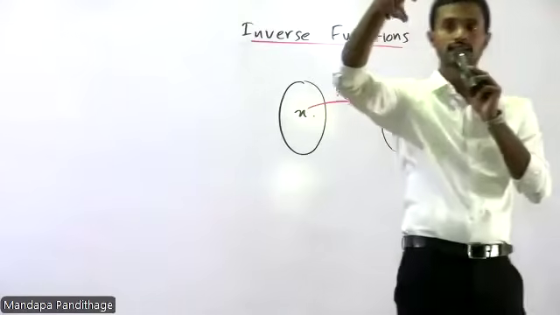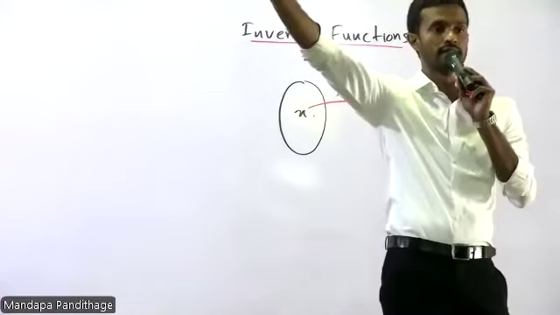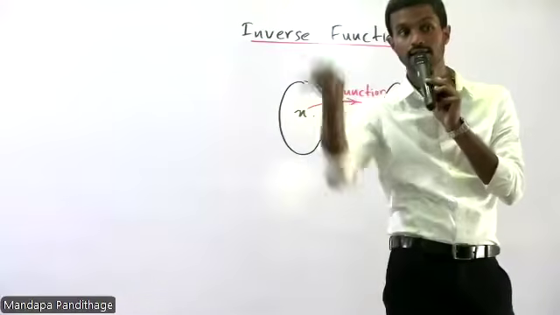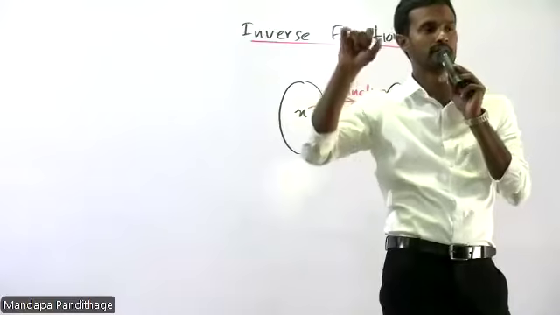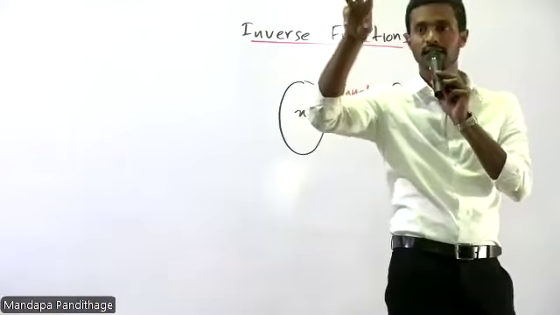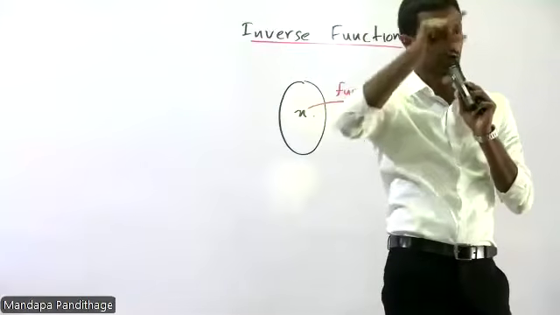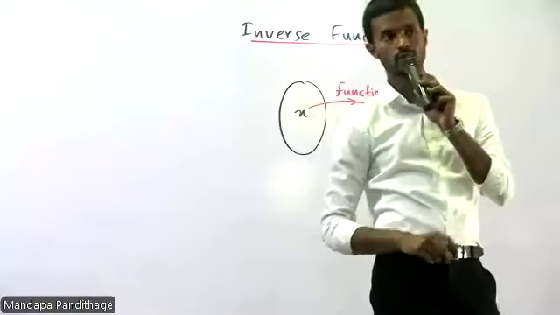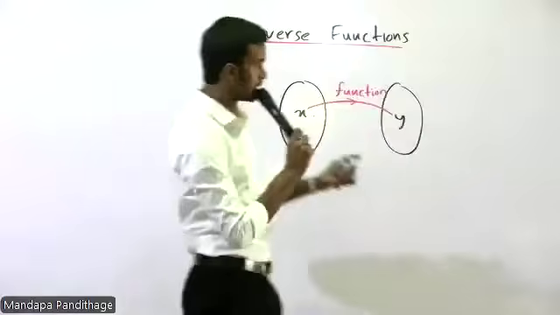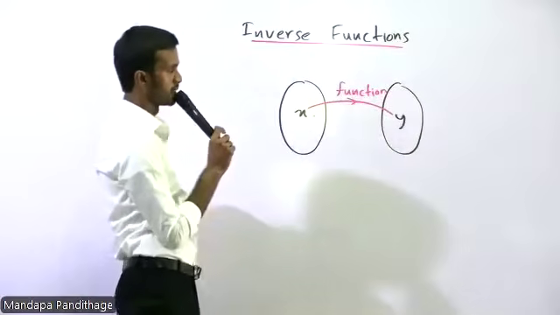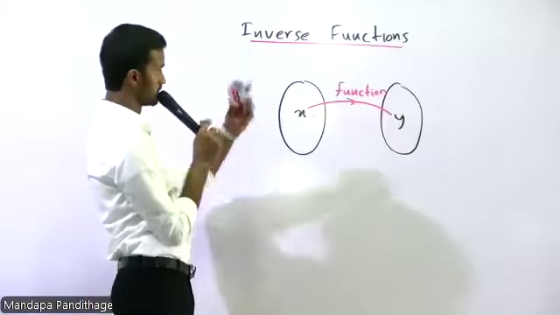If the function squares something, then the inverse will consider the square root. So what is meant by the inverse function? The function that does the opposite mathematical operation of a function is the inverse function.